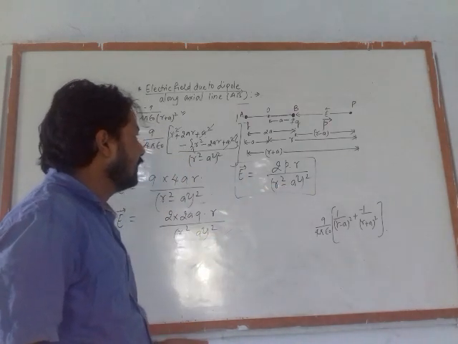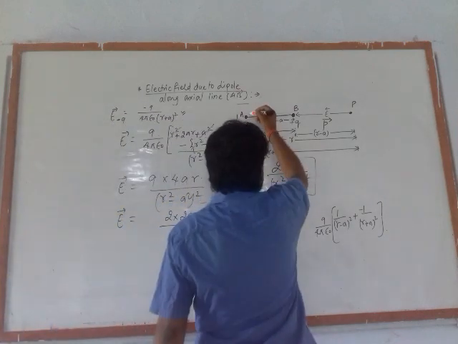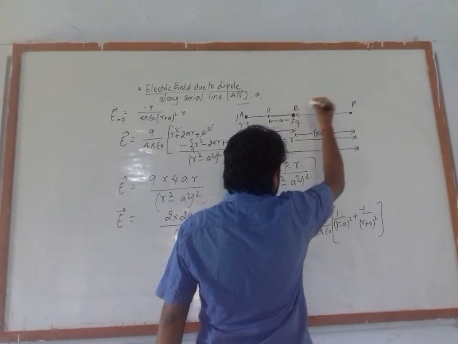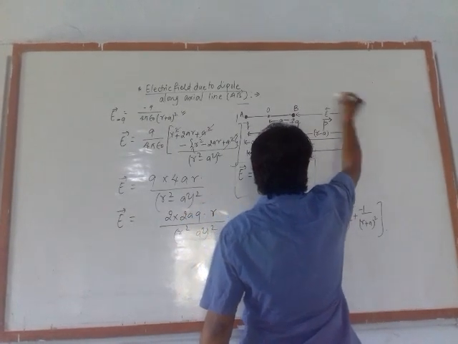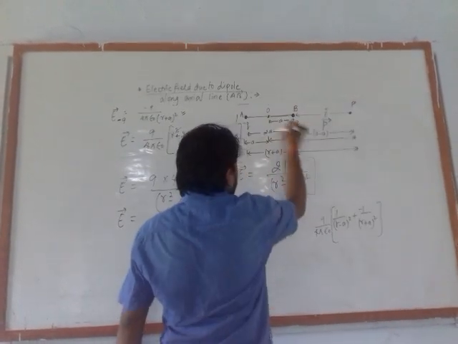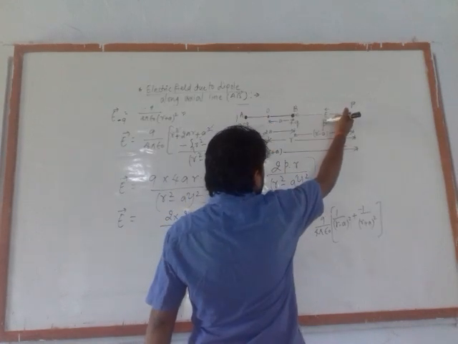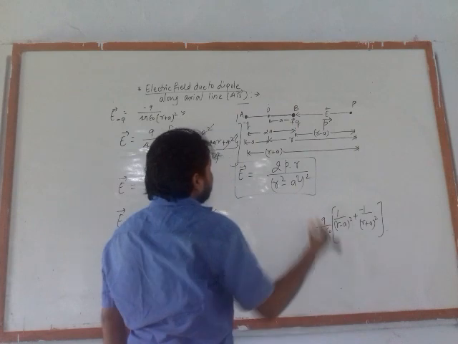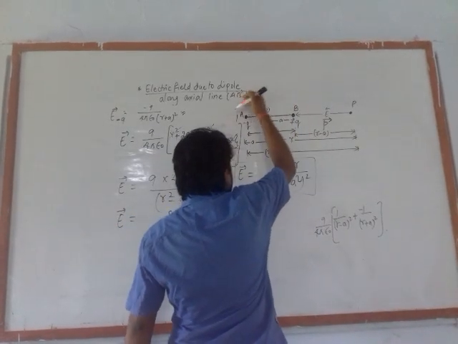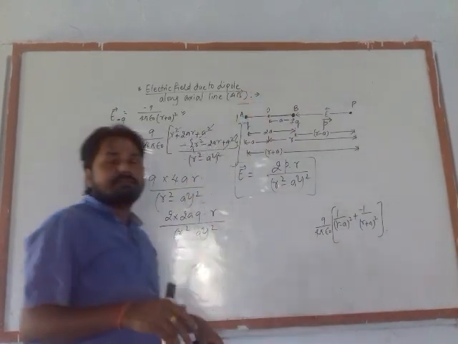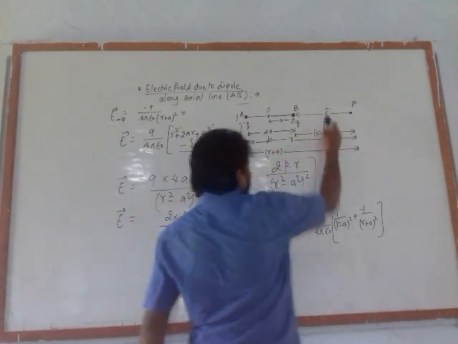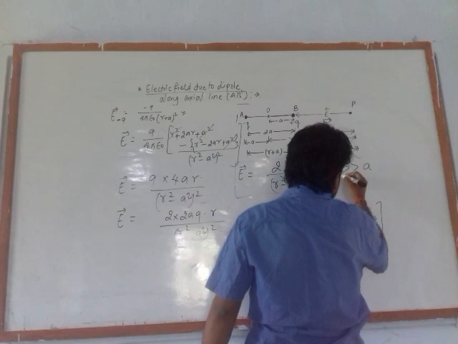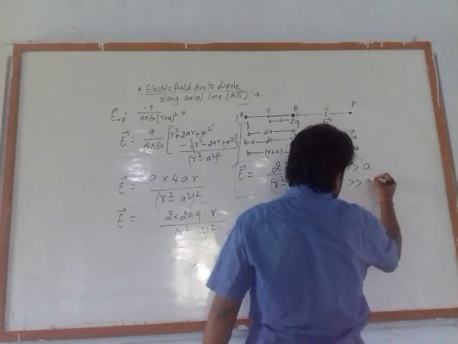Even when we compare the distance between A and B with the distance chosen for the point B from O, the R is going to be very, very high compared to the distance between A and B. Then obviously the distance between O and A is very, very small compared to this R. Since R is much greater than A, R square is also much greater than A square.